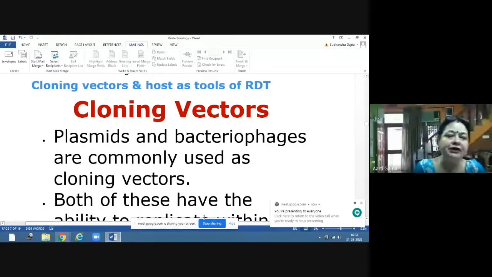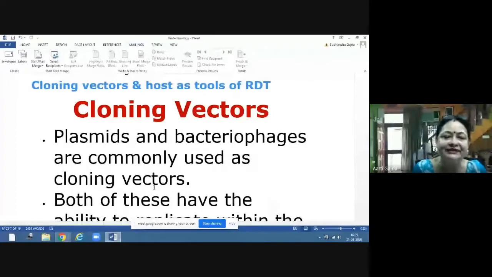Now, most commonly used cloning vectors are plasmids and bacteriophages. Plasmids are the circular DNA, which are extra chromosomal DNA, which are present in the bacterial cell. And bacteriophages are the viruses which infect bacteria.